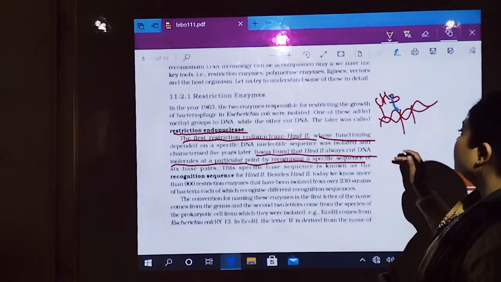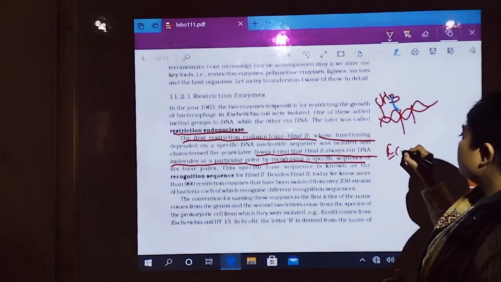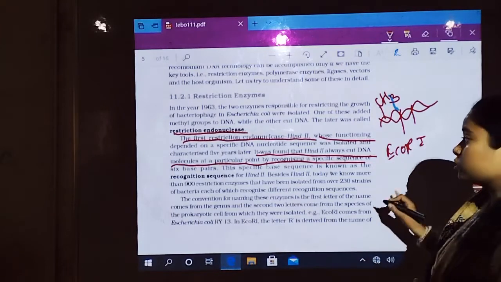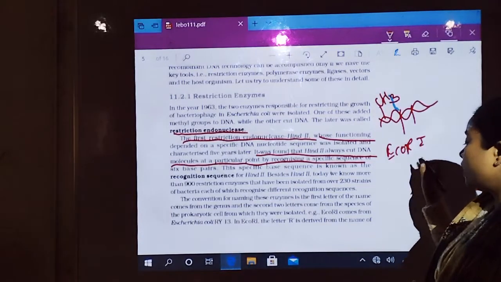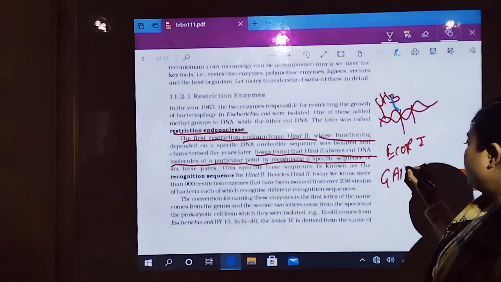For example, EcoRI, which is an example of a restriction endonuclease enzyme, recognizes a sequence of 6 base pairs known as GAATTC.